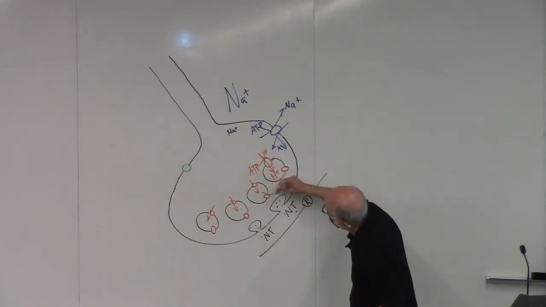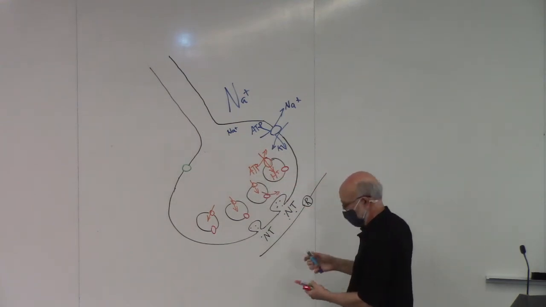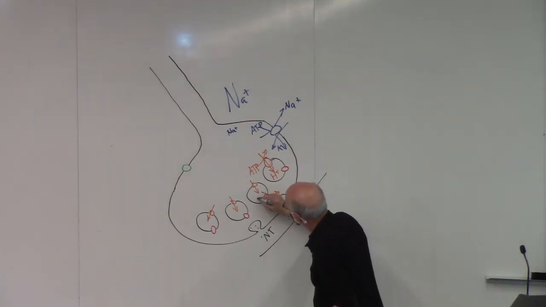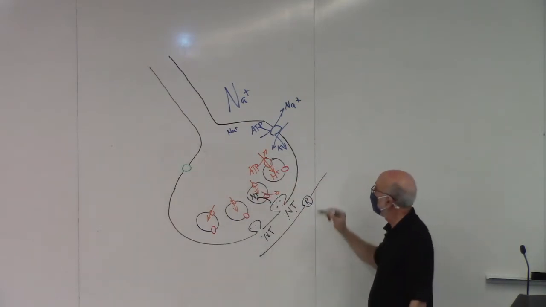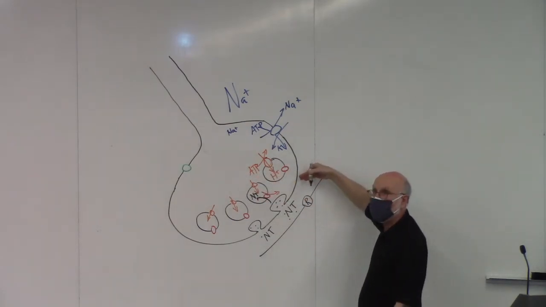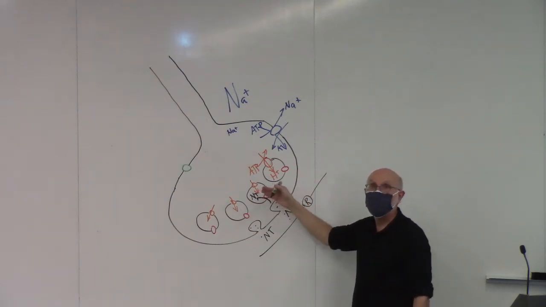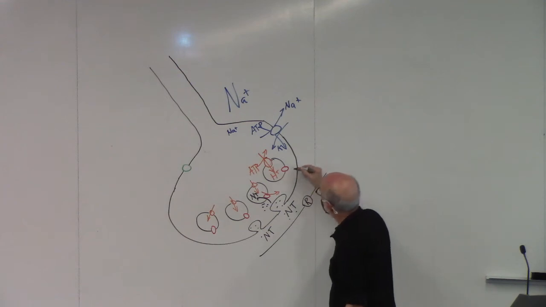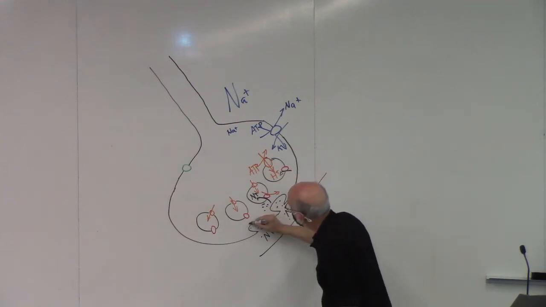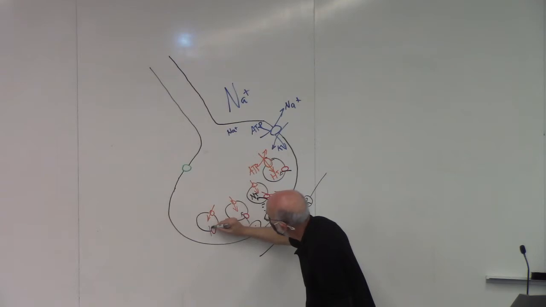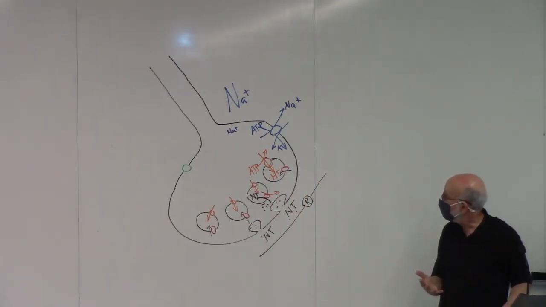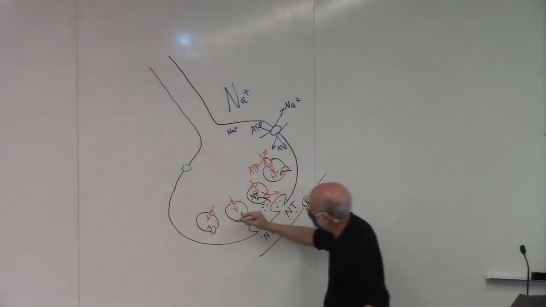A proton neurotransmitter exchanger: protons going down their gradient, neurotransmitters being pumped from cytosol into the vesicles. What color is my proton? Orange. Orange, blue.